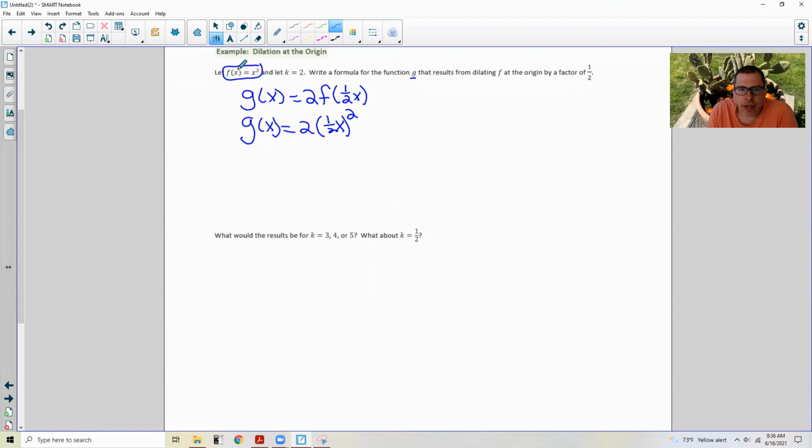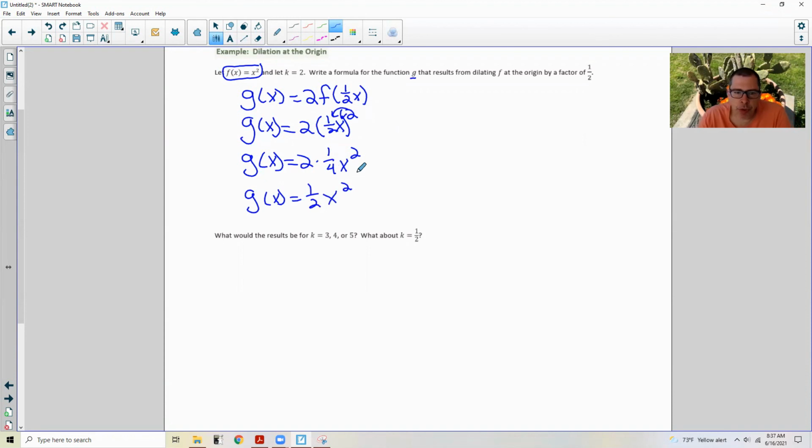Okay, so f of x is x squared. F of 1/2 x would be the 1/2 x squared, multiplied by that k equals 2. And then we simplify this. So therefore, g of x is going to equal 2 times, and if I distribute this, I get rid of the parentheses, by the way, it's going to be 2 times 1/4 x squared, distributing this 2 here and here. So then that will result in g of x equals 2 times 1/4 is 1/2 x squared.